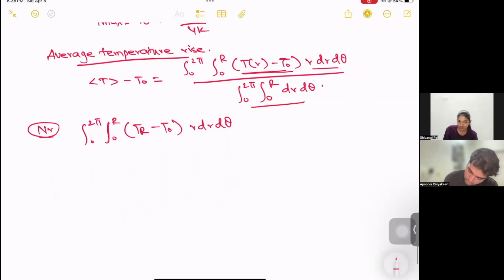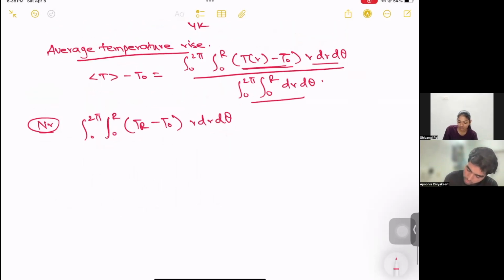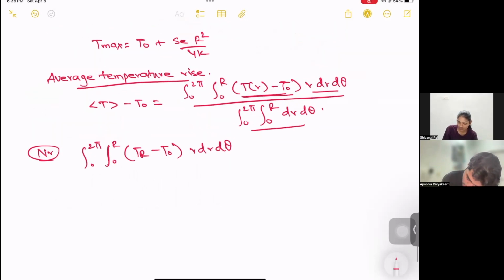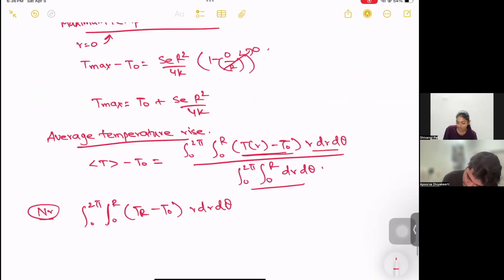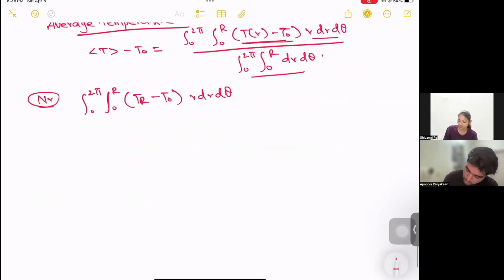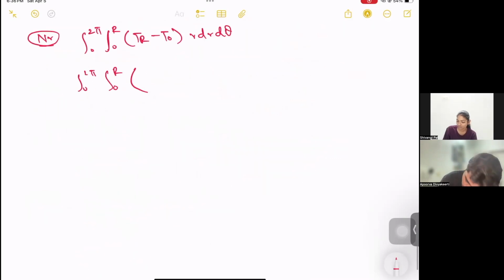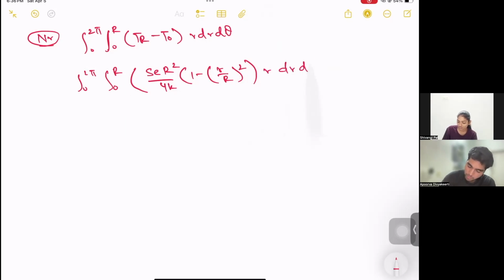We know the relation: T(r) minus T naught is S E R square by 4k into 1 minus r by R, whole square, into r dr d theta.